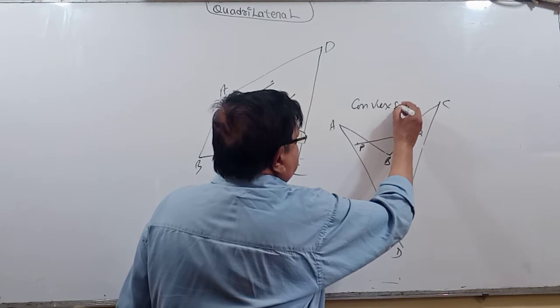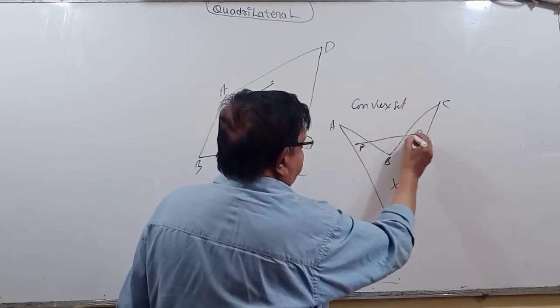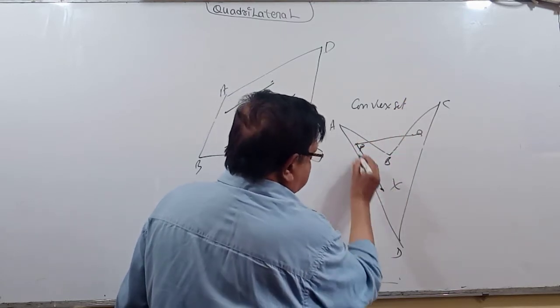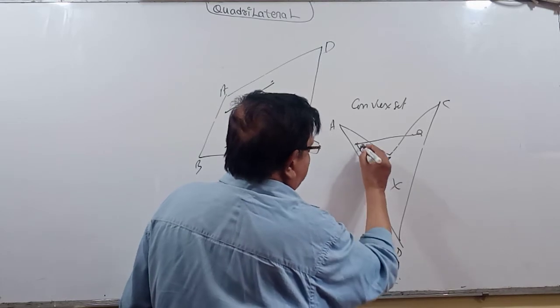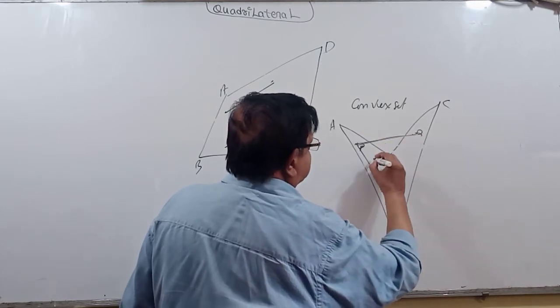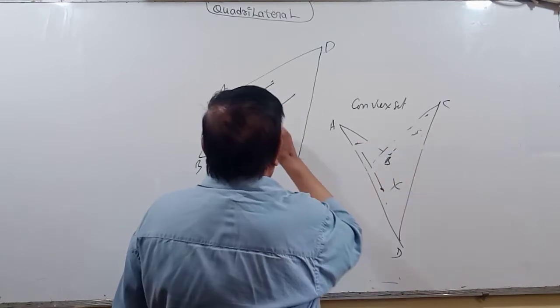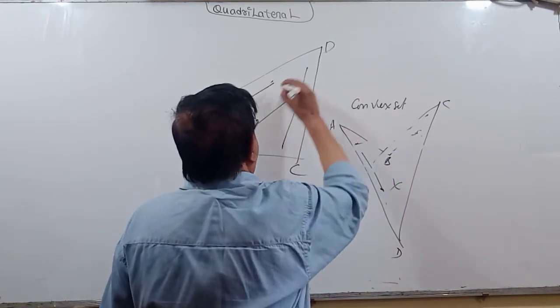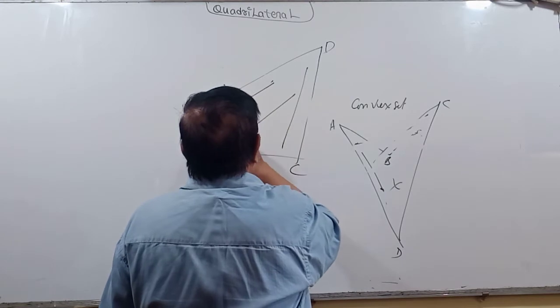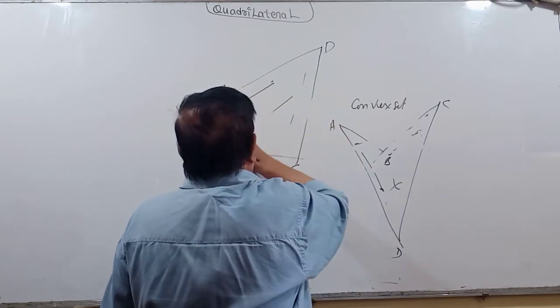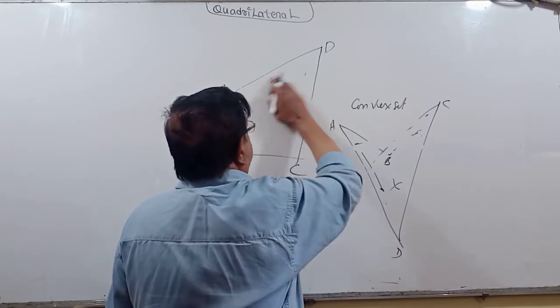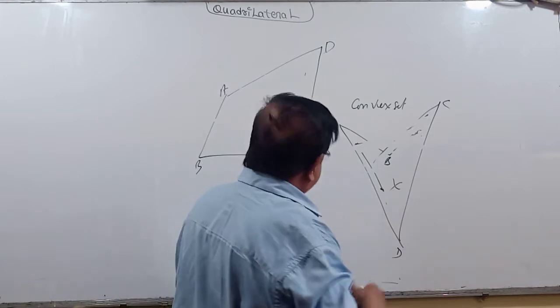Convex set means any point to any point when we draw, it should be inside the figure. But this is not inside. Therefore, this is not a quadrilateral. Here, everywhere we draw, every point lies in that convex set. Alright, this is a quadrilateral.